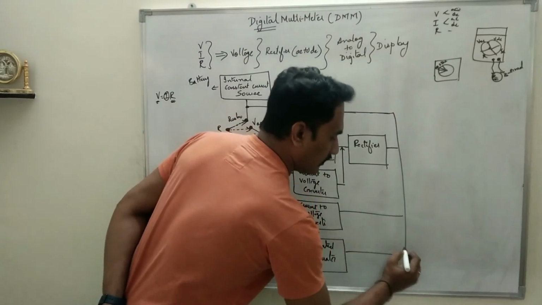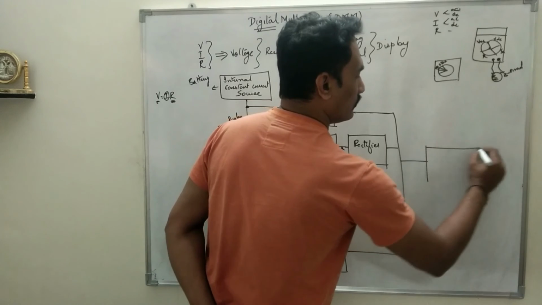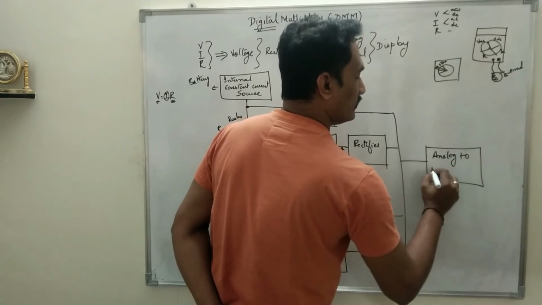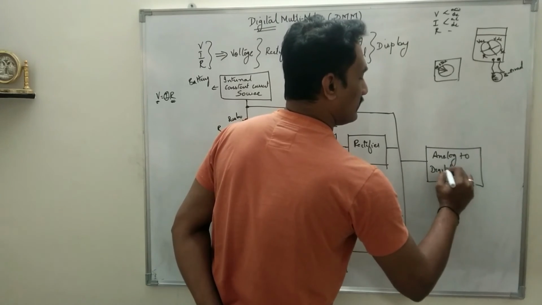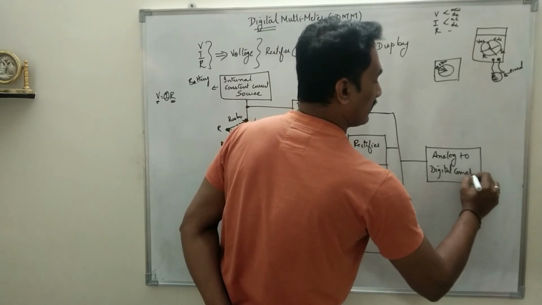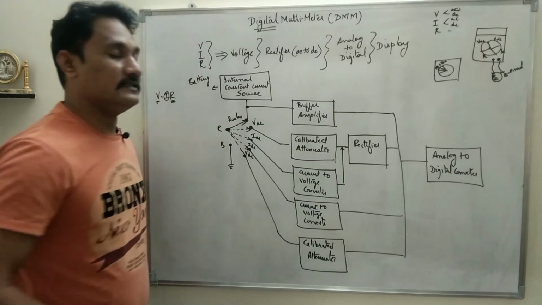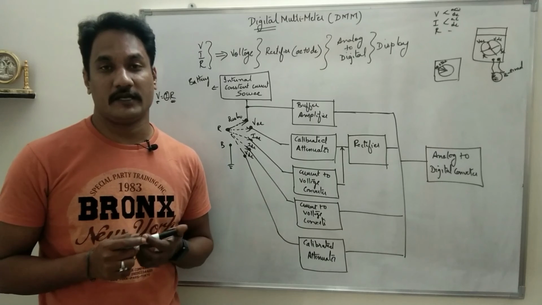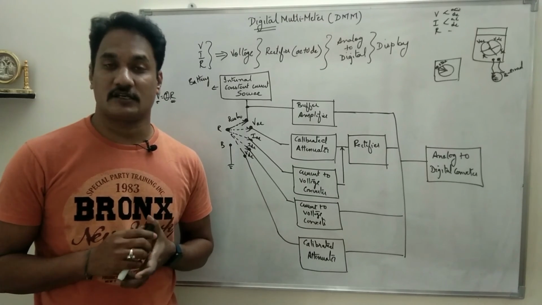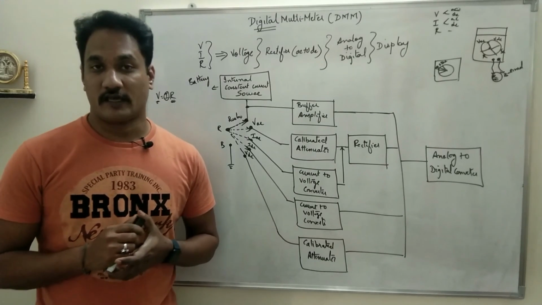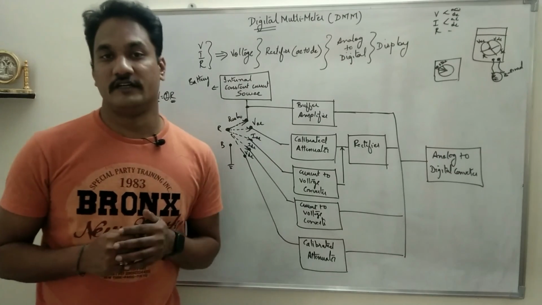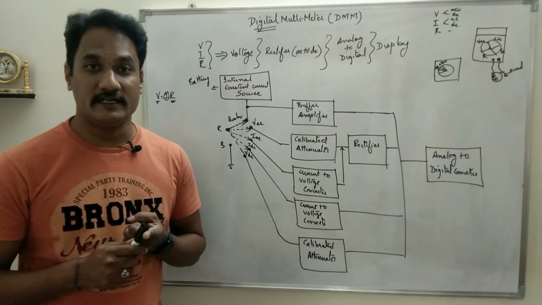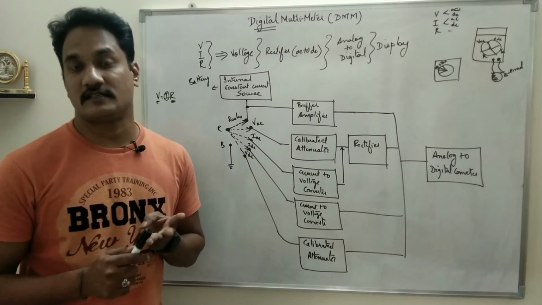So all this input will be given to the analog to digital converter. I hope you remember we studied this topic in chapter number 6 of paper 2, converters. We studied 5 circuits, 2 of D2A converter and 3 of analog to digital converter, which are simultaneous type, counter ramp type, or successive approximation type.